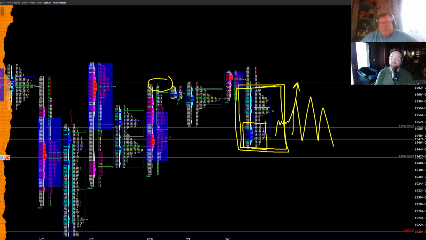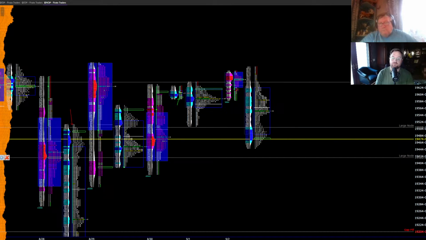Would you extend that box down to Friday's low? Well, I wouldn't need to, because if they get below the overnight low and they get resistance down there, we know they're going to Friday's low, because as you said, the overnight inventory is net short.